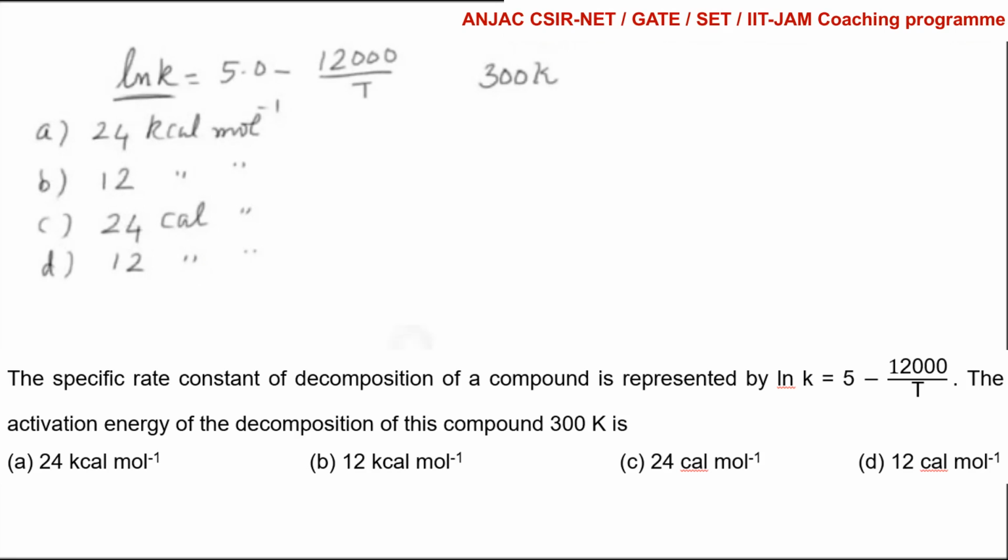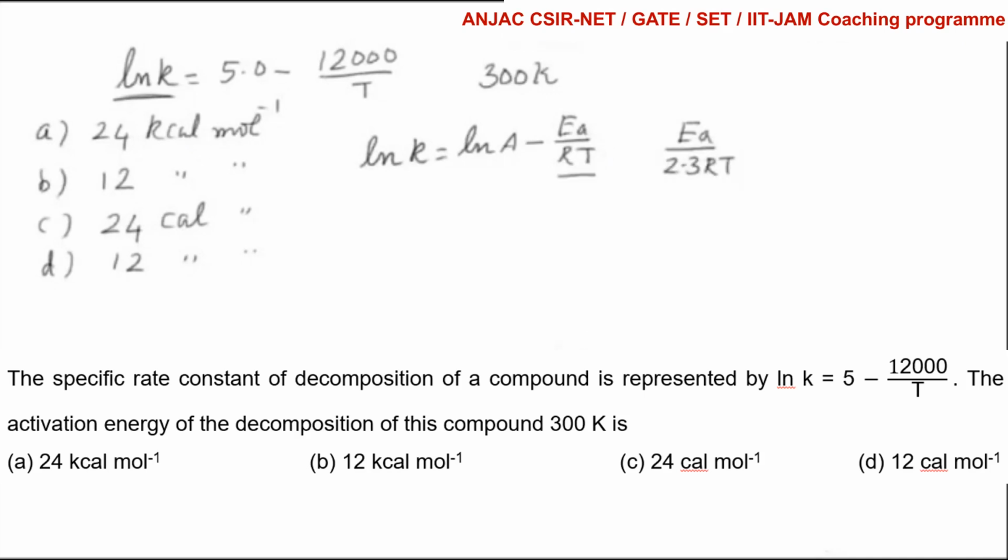We use log k is equal to log A minus Ea by RT. Is it Ea by RT or Ea by 2.3 RT, which is correct?